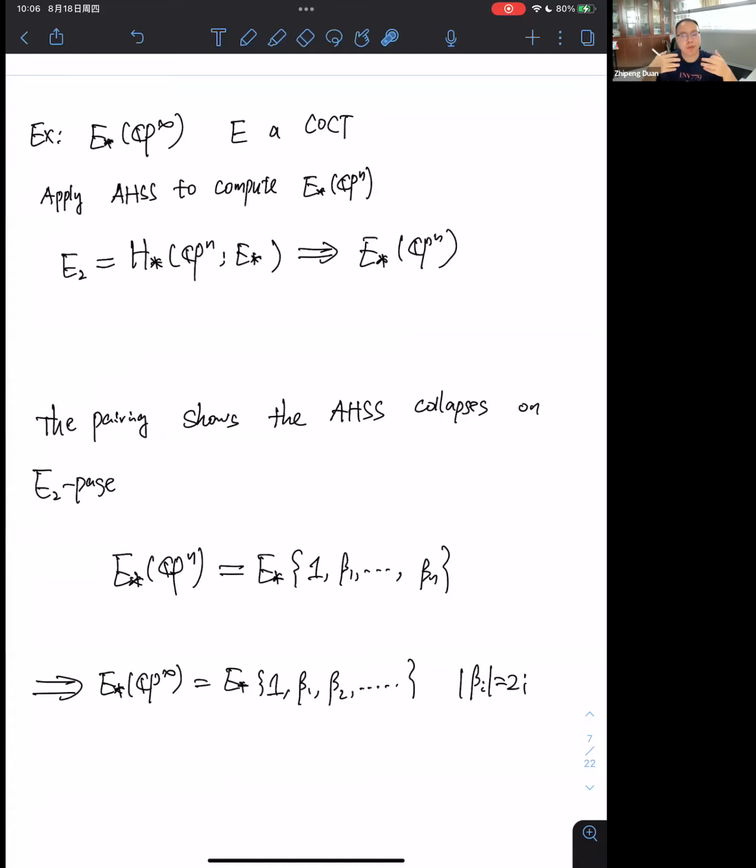But because we try to use the pairing, we need to assume the complex in the cohomological spectral sequence is finite. So we first try to calculate the generalized homology of CP^m. This is the E2 page of the homological version of the spectral sequence. Then we also list here the cohomological version.